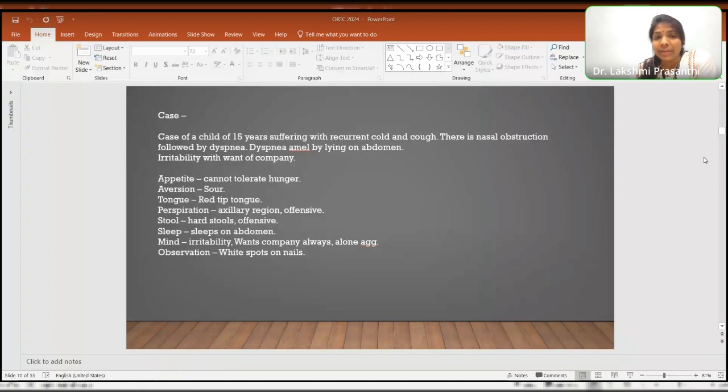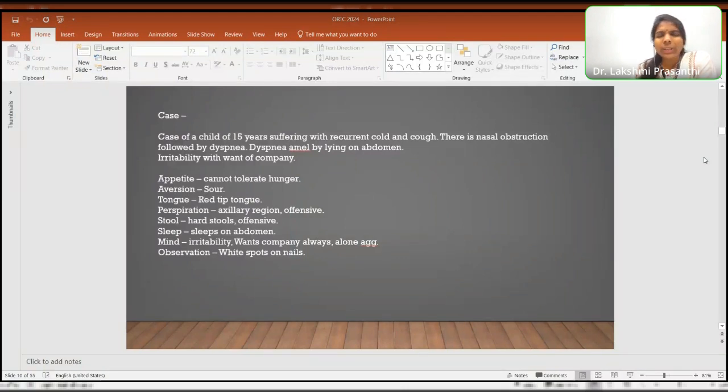Perspiration was offensive and mostly on the axillary region, and the stools were hard and offensive. Being dyspnea better by abdomen, the child used to prefer sleeping on abdomen. And the mind symptom which was peculiar in this child was want of company always and alone aggravation.